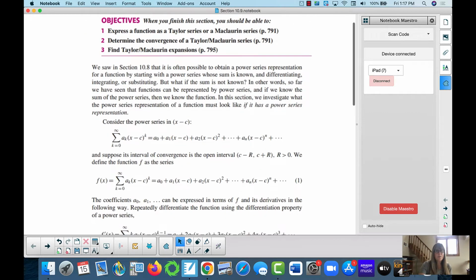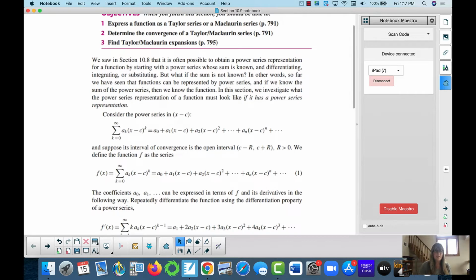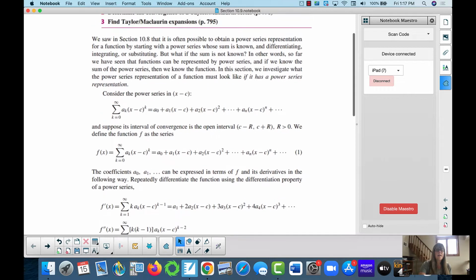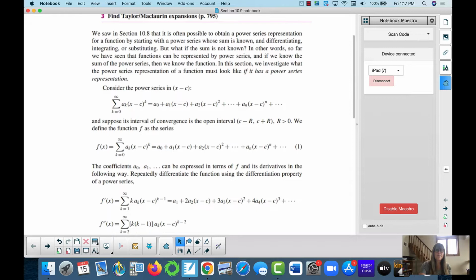But to define both series, a Taylor series is a power series that's centered at c. And then what happens with your Taylor series is, we have this power series, and if we get each term multiplied out, this is what we get for our sum.